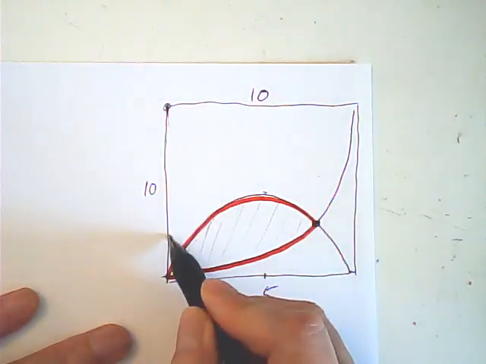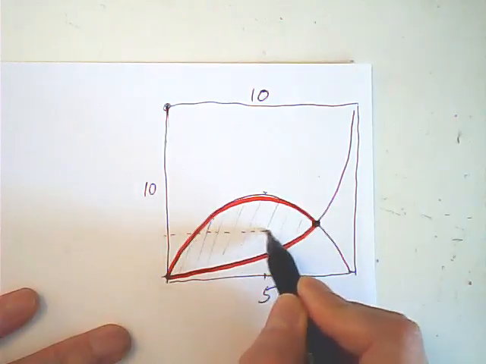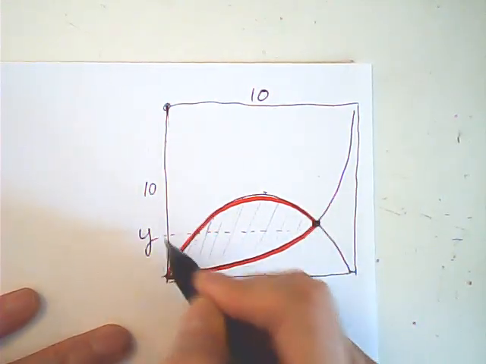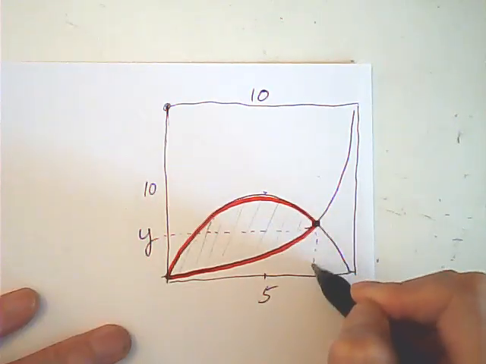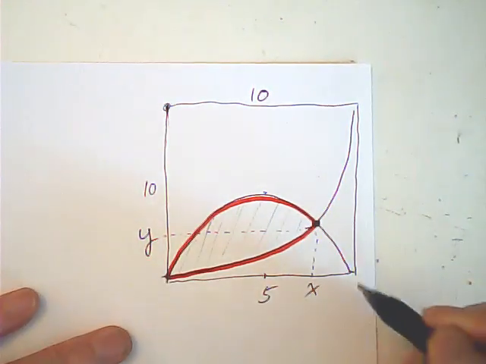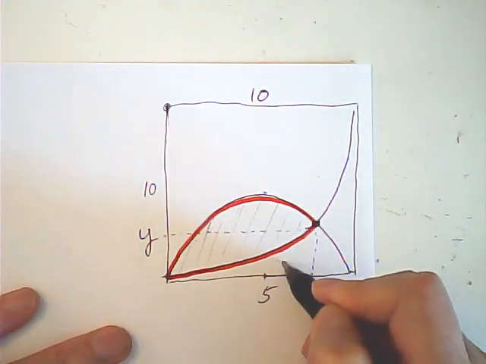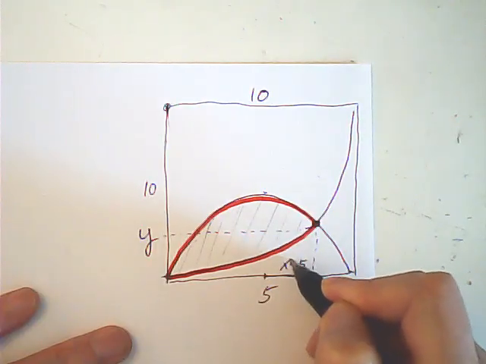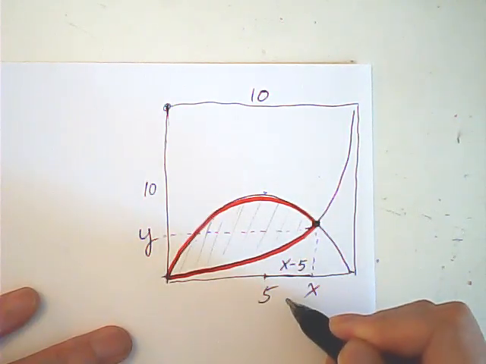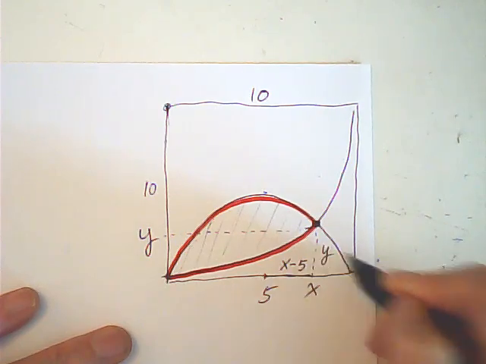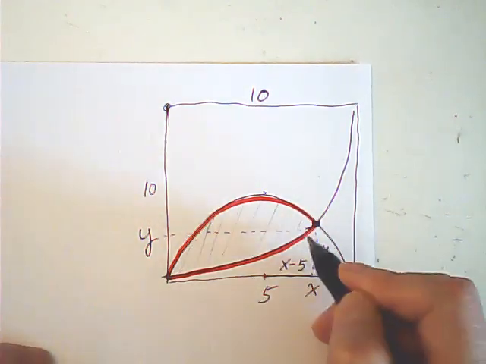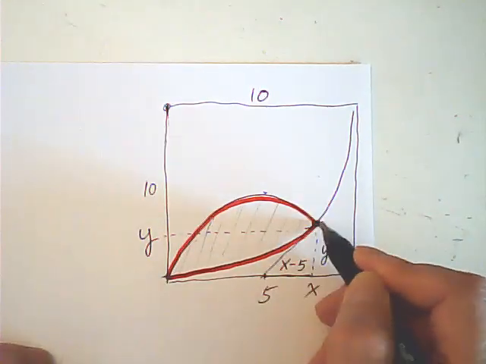Say this point has coordinates x and y. This is y, this is x. So this length is x minus 5, right? This is y, this is y, this is 5.